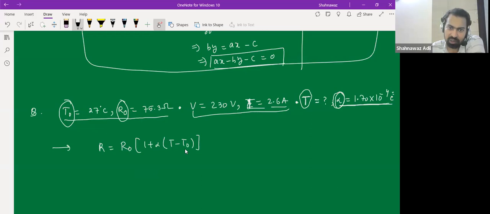So we have this quantity, we have alpha, and we have to find this.